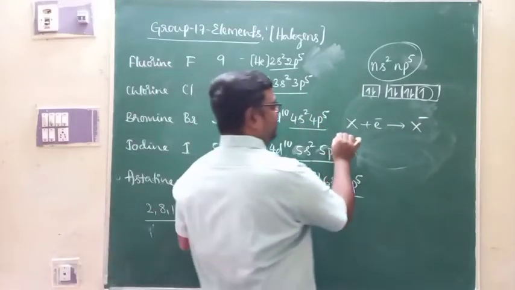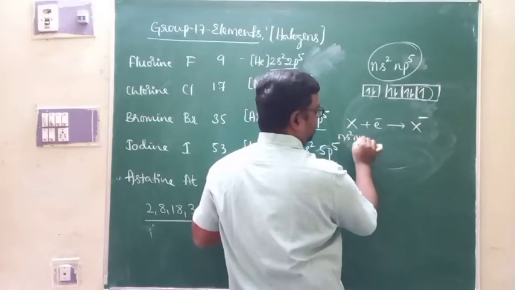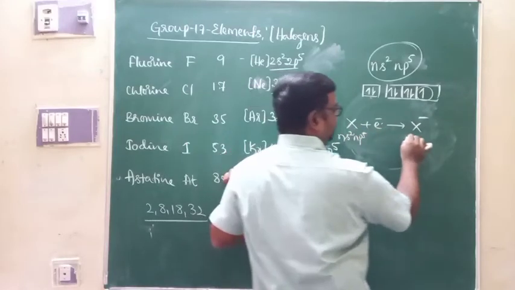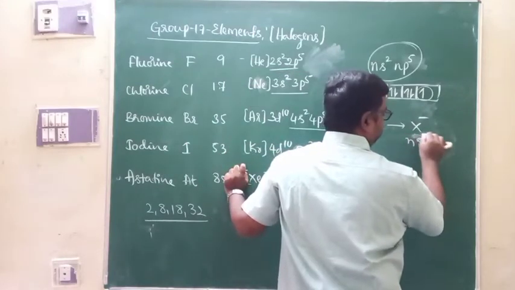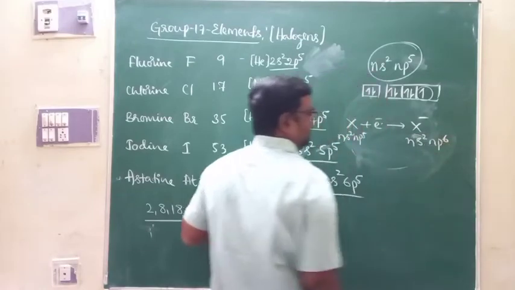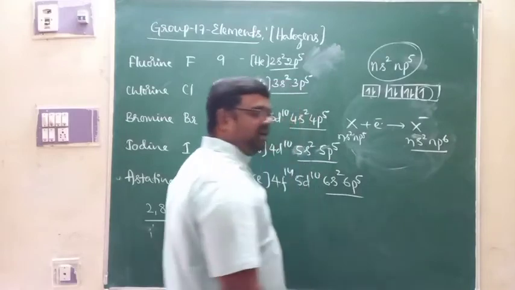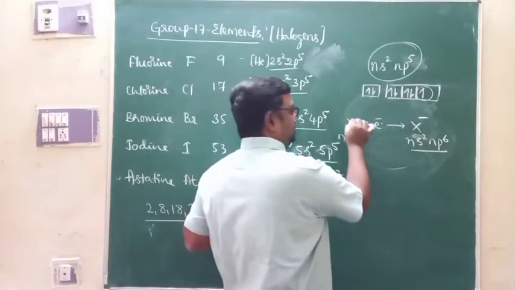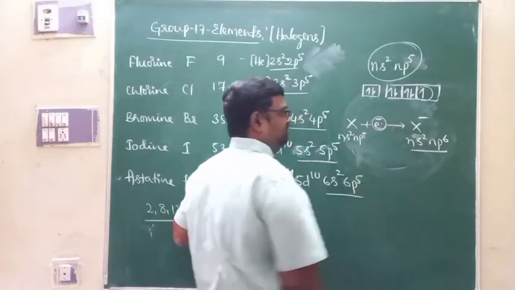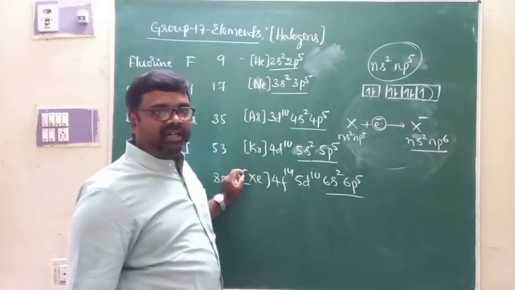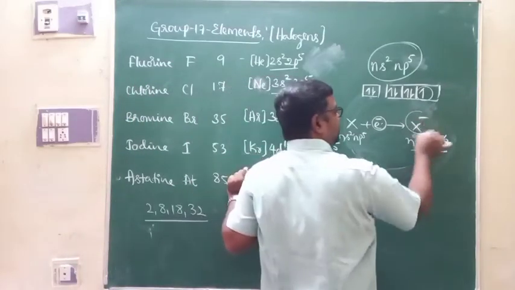We have ns2 np5, is it not? If it takes 1 electron, it becomes what? ns2 np6, and to attain the ns2 np6 configuration, that is the noble gas configuration, halogens will try to gain 1 electron from other species to become X minus.